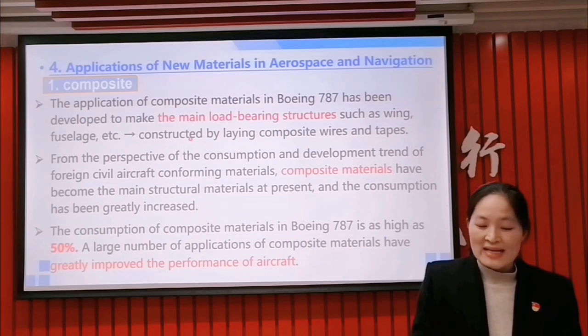All this is constructed by laying composite wires and tapes. From the perspective of the consumption and development trend of foreign civil aircraft, composite materials have become the main structural materials at present, and the consumption has greatly increased.